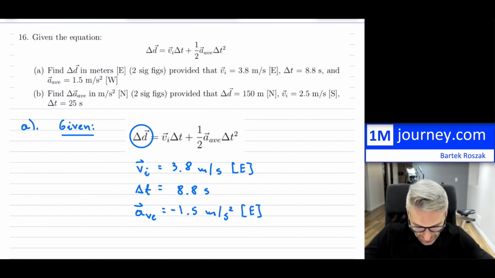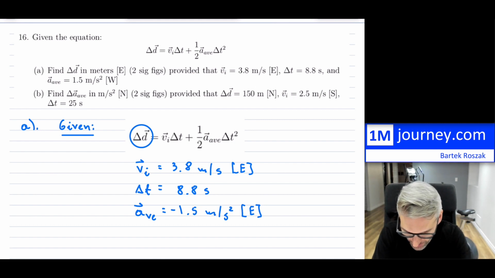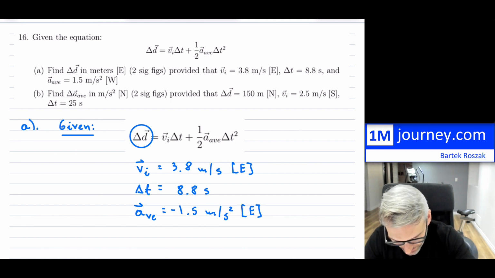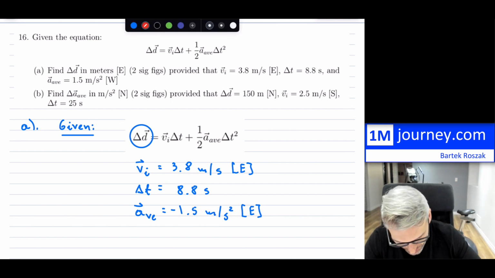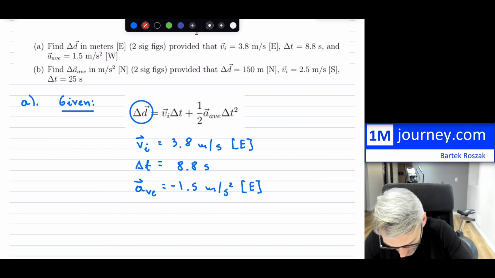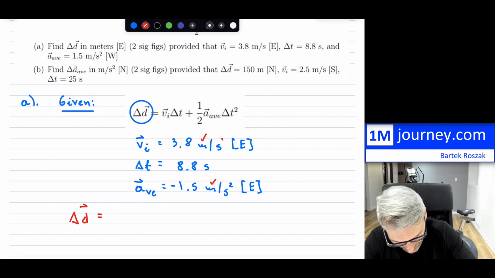So let's take a look and see how we can break it down in terms of an answer. If I substitute all of this in, this is going to be my delta D, which is equal to, so I can just sub in. Now notice all the units: meters, meters, and then everything else is seconds. So that is consistent, which is exactly what we want.